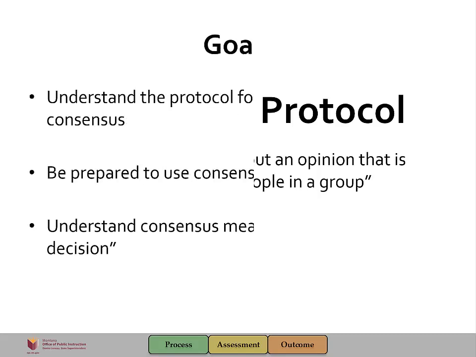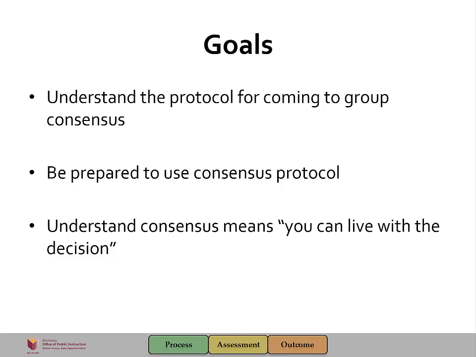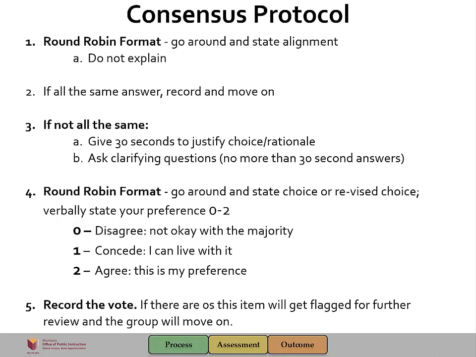individual's perspective. A few goals we have for consensus are that you understand the protocol for coming to agreement, that you're prepared to use the consensus protocol, and that you understand consensus means you can live with the decision made by the group. Here is a modified version of the consensus protocol that was given in the Ahead of the Curve summer workshop.